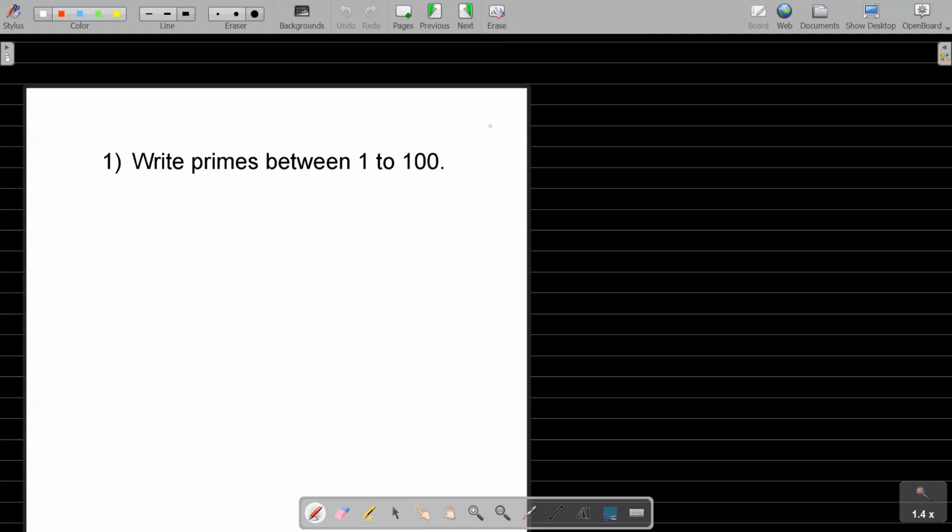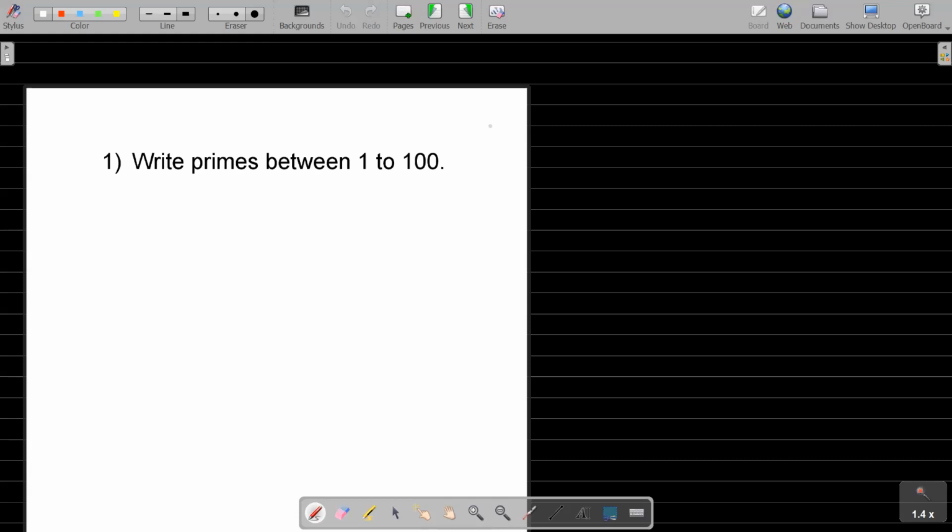What I want is that you write in your notebook the prime numbers between 1 to 100, but in the chat box, you just tell me the number of primes between 1 to 100. Perhaps some of you may know the answer, but don't simply write it in the chat box.